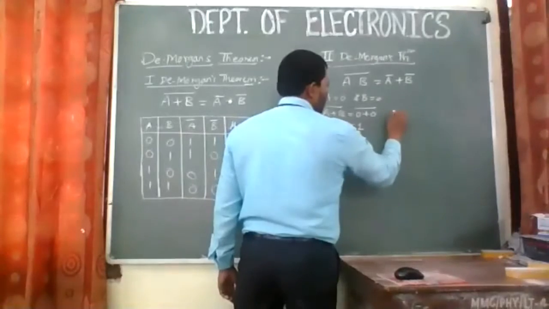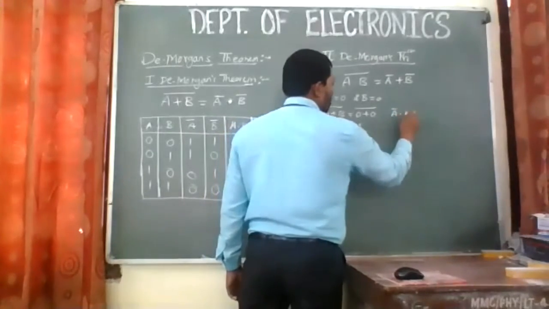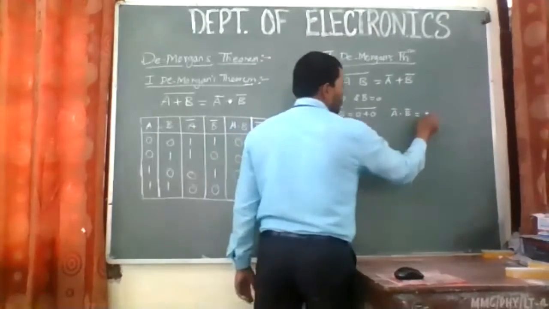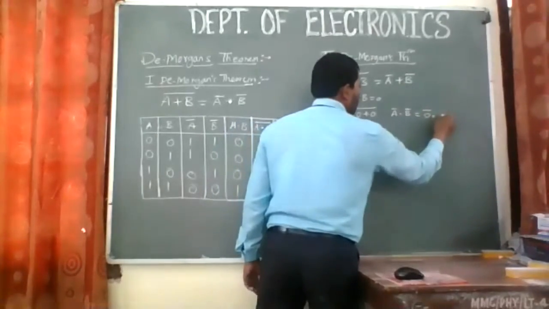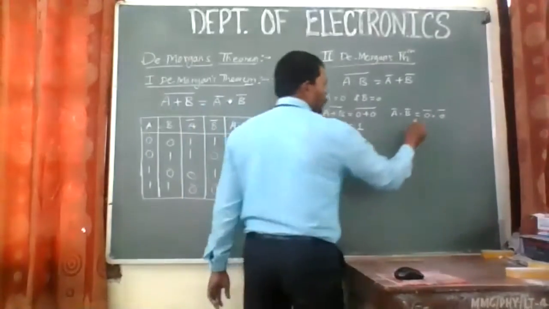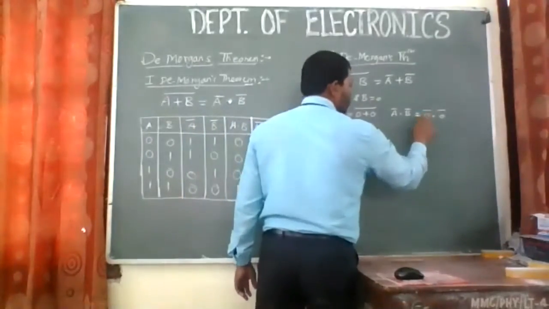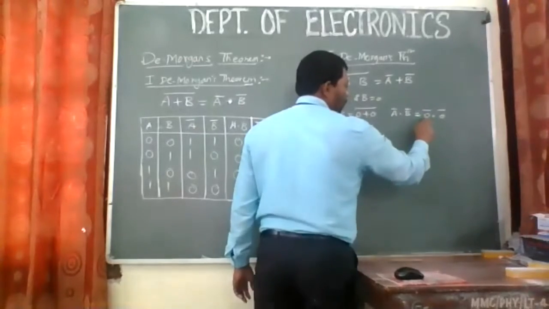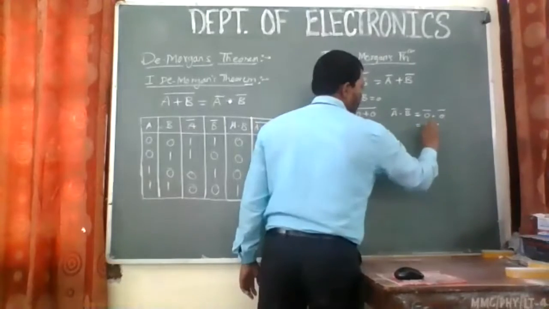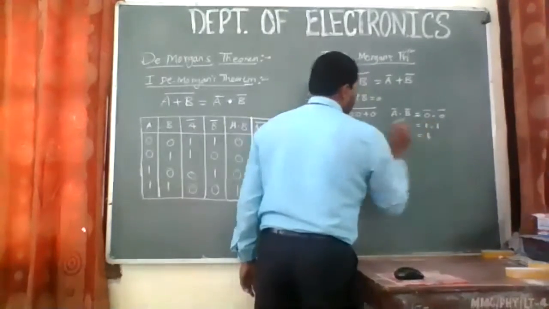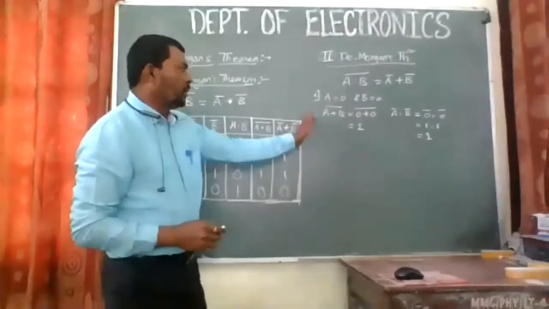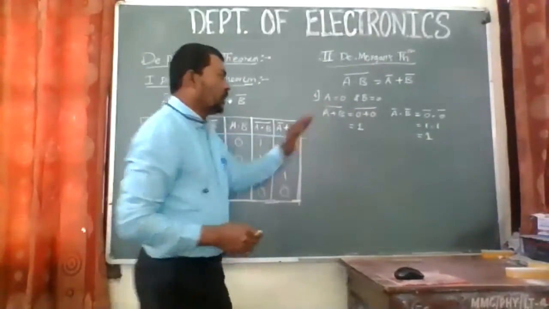On the right hand side we have A bar dot B bar, so we put 0 bar dot 0 bar. The complement of 0 will be 1, so 1 dot 1 will give you 1. So you are able to see that the first condition is proved.